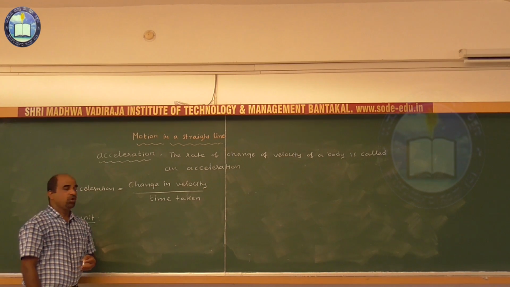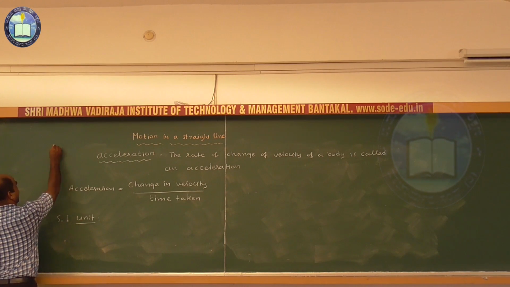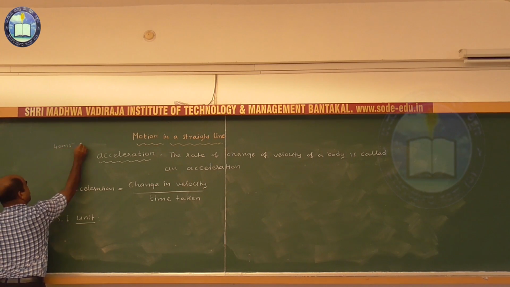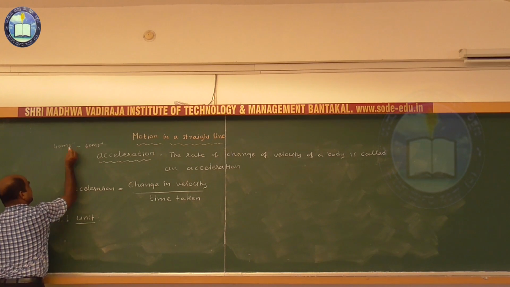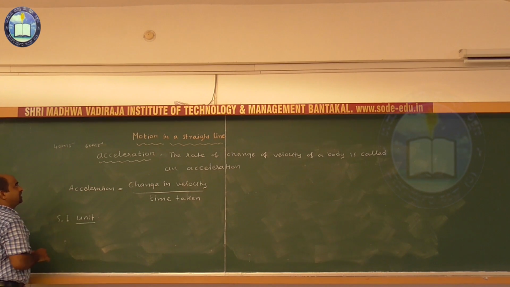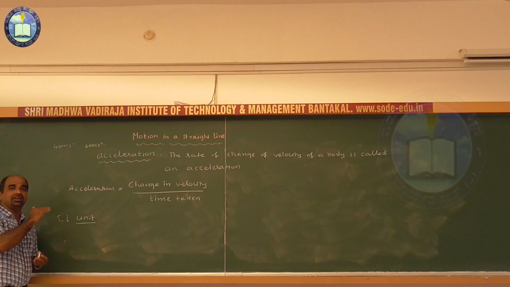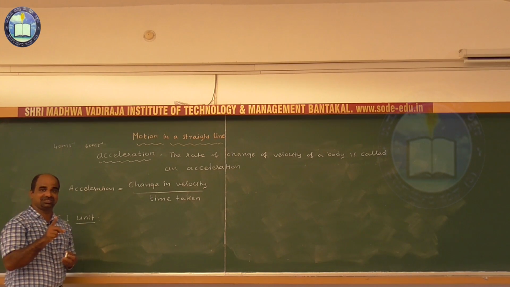For example, the velocity of the body changes from 40 meter per second to 60 meter per second. Then what is the change in velocity? 60 minus 40, 20 meter per second. There is no change in unit.